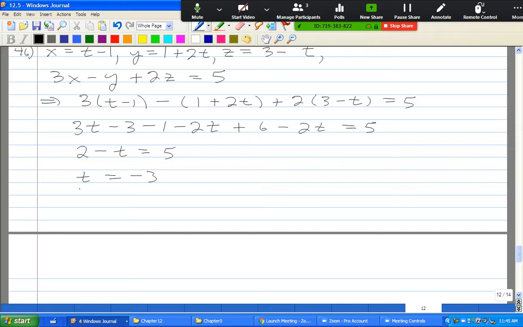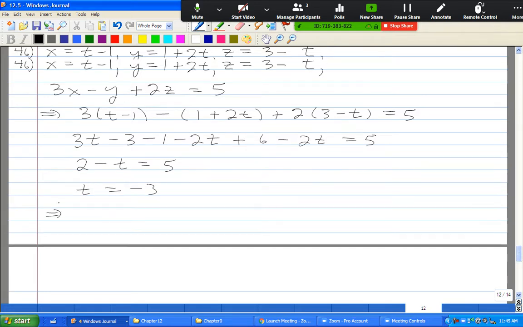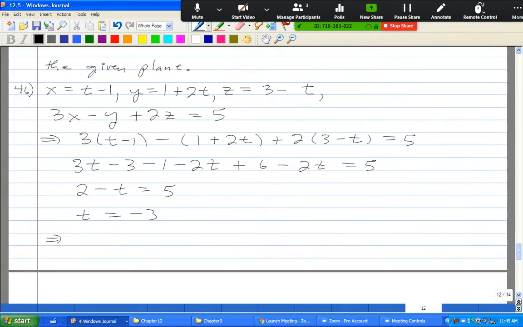And so let's plug it in. With t equal to negative 3, x is equal to negative 3 minus 1, which is negative 4. y is equal to 1 minus 6, which is negative 5.